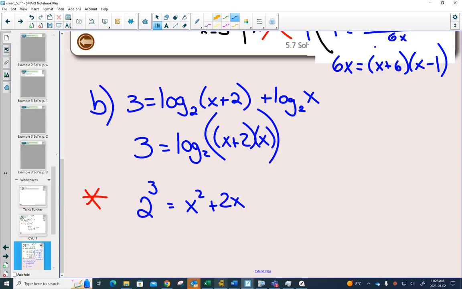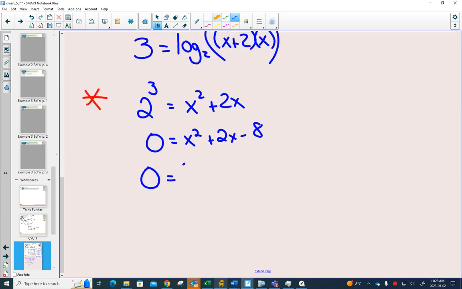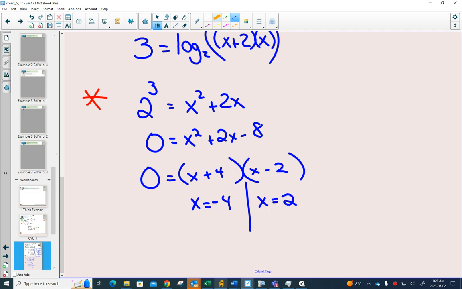Quadratic equation, how do you solve quadratic equations? You make one side equal to 0. So I'll subtract the 8 on both sides. It factors nicely. And you get x equals minus 4 and x equals 2.